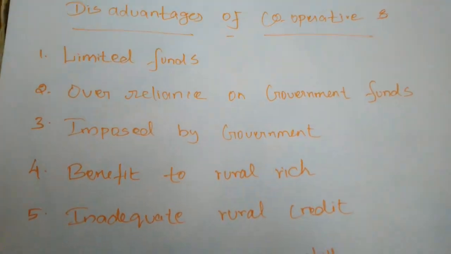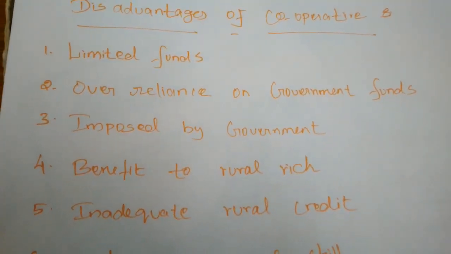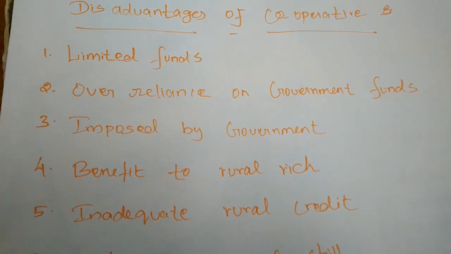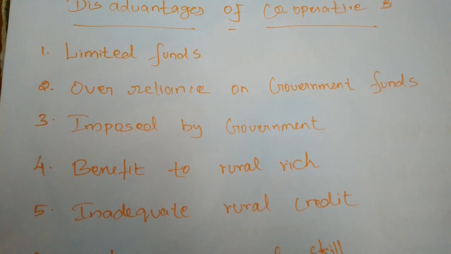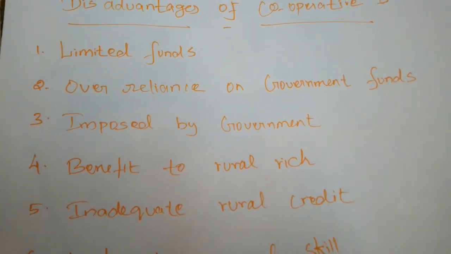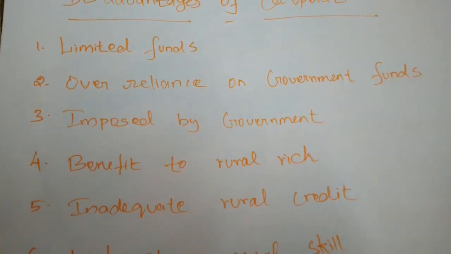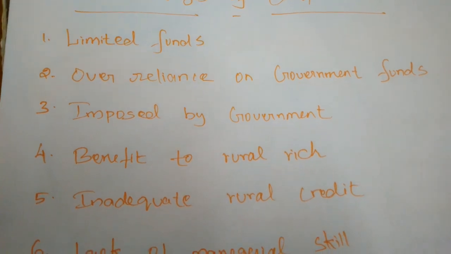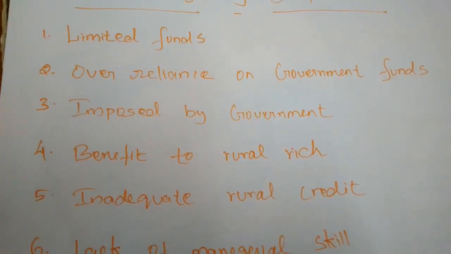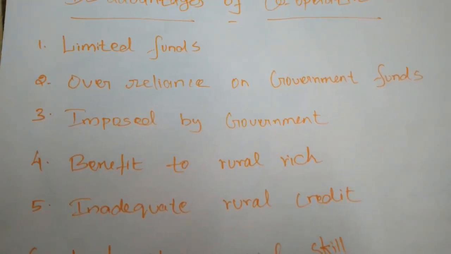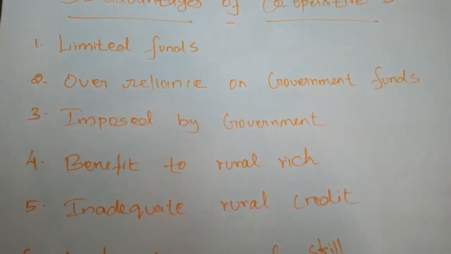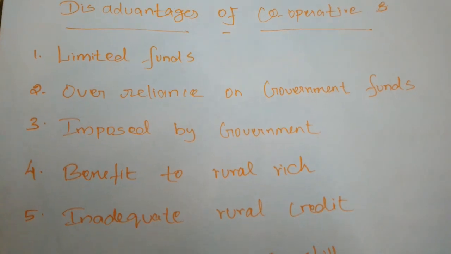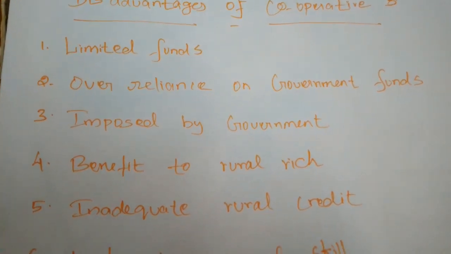First one is limited funds. Cooperative societies have limited membership and they are promoted by the weaker sections. Normally those who want to establish cooperative organizations are poor people, the weaker sections of society, or farmers.